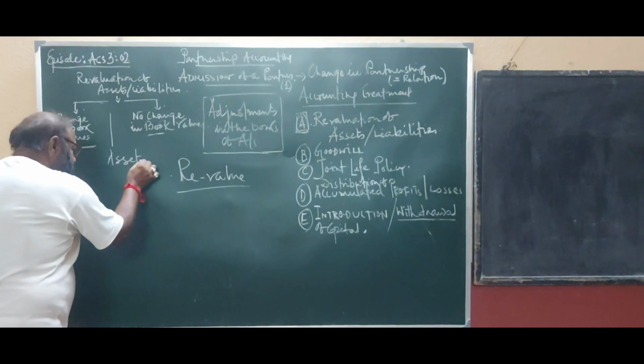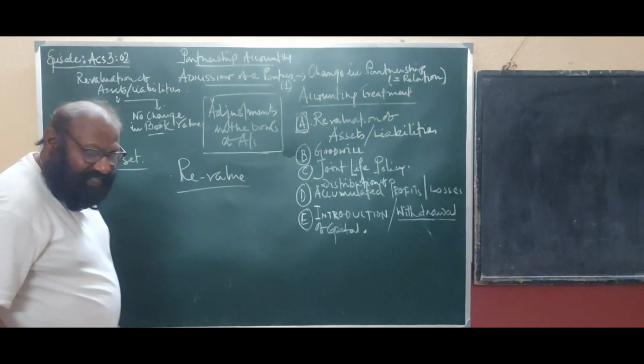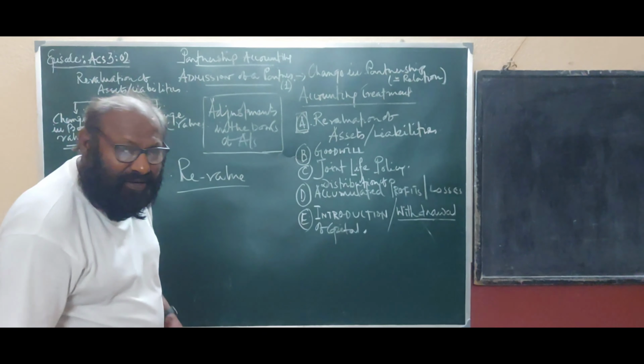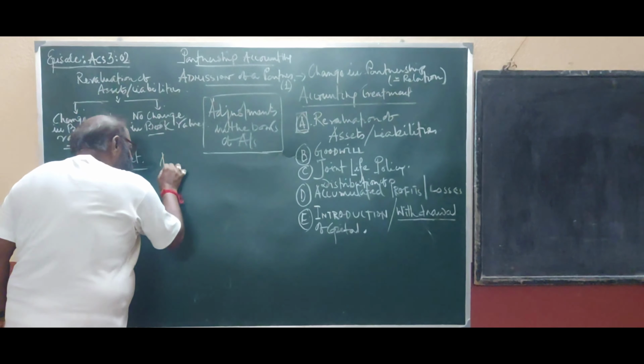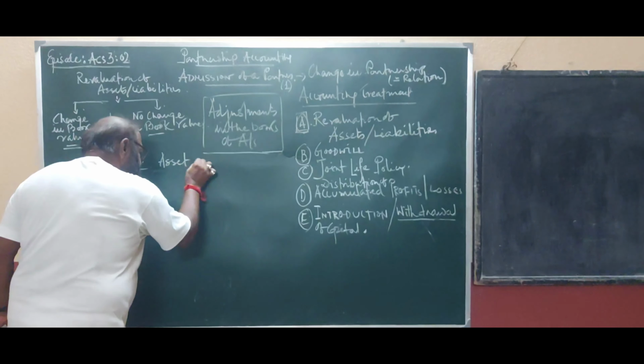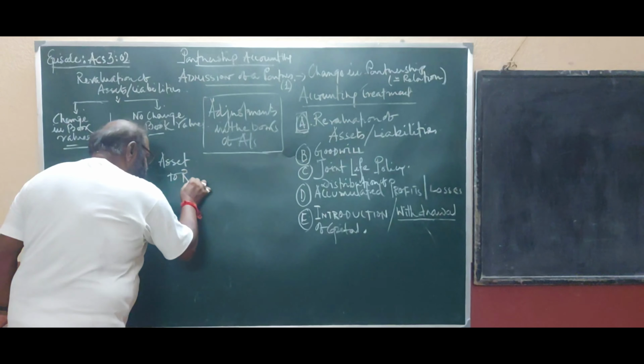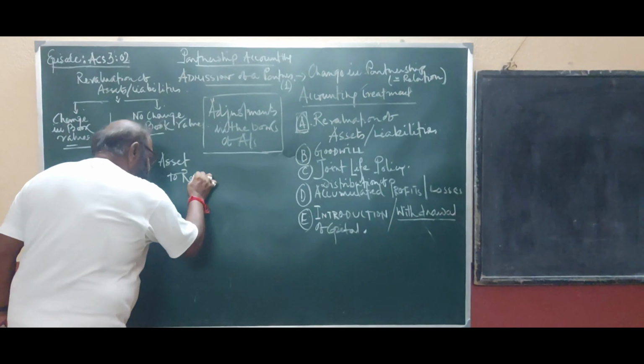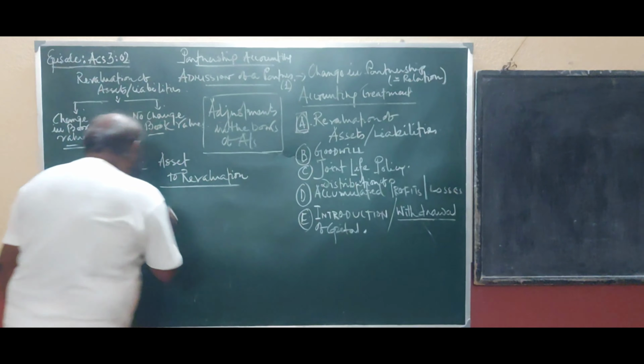Okay. Now think of the assets. Consider the case of asset. What is asset? Asset is a debit balance. If the value of the asset is increased, in that case what will we do? We will enhance the value of the asset account by debiting it, and we will send it to a special account, that is the revaluation account. Why? All assets are debit.